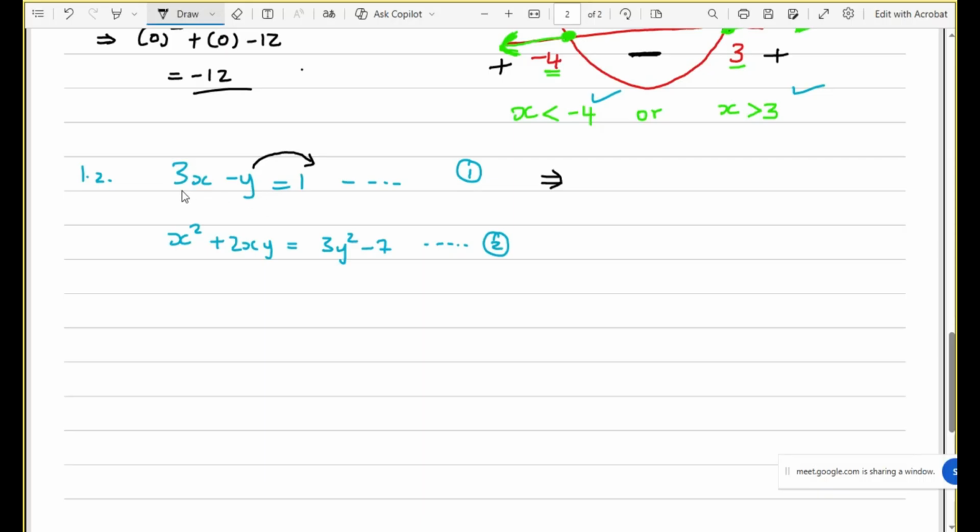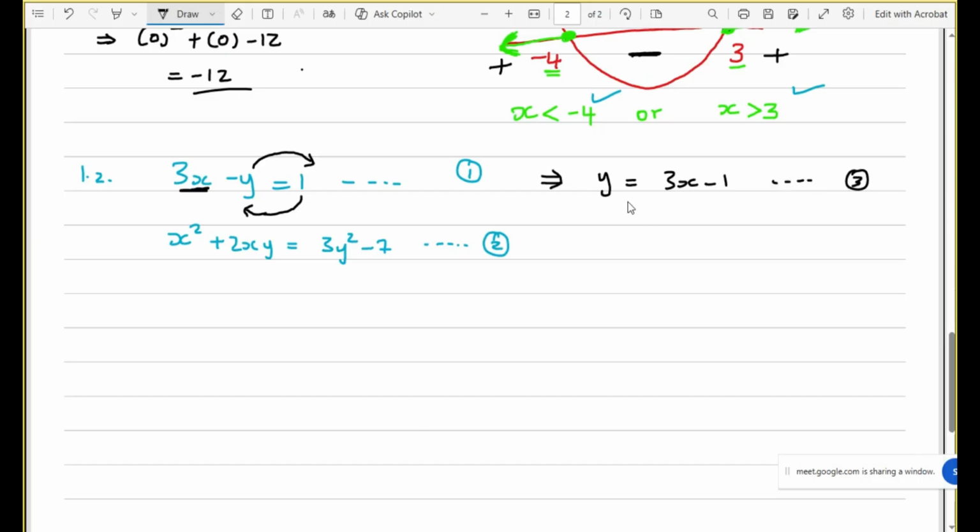If I choose to make x the subject of the formula, I'm forced to divide everything by 3 so that x can be the subject. I don't want to work with fractions. I don't like working with fractions. So now I'm choosing y is equal to 3x. The 1 will come this side to be negative. So this will be 3x minus 1, and this will be my equation 3.